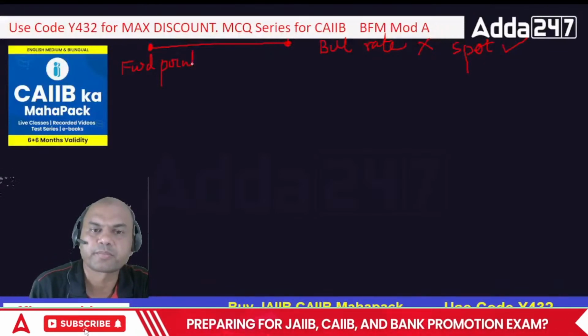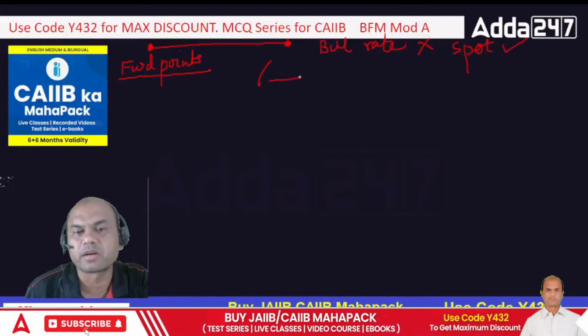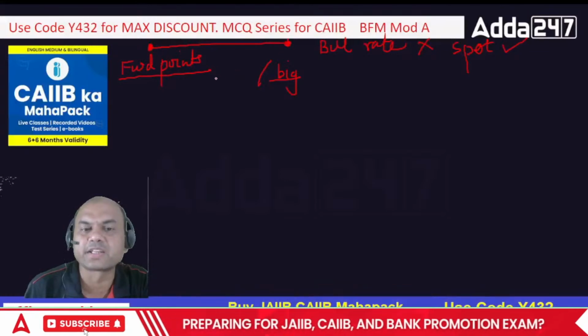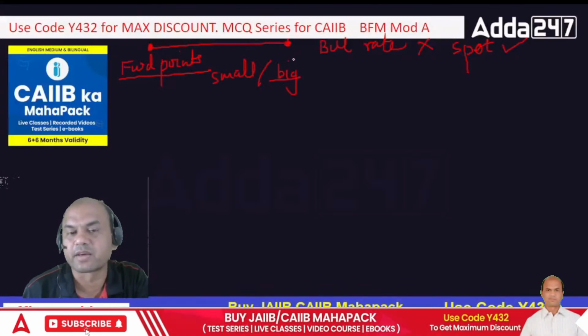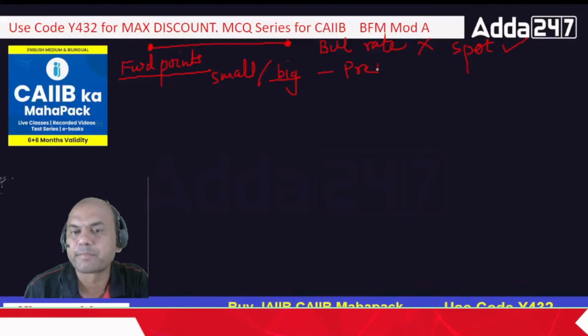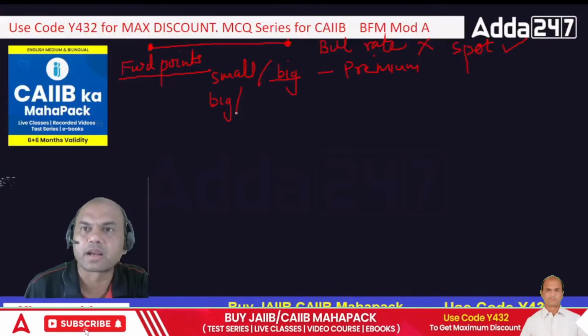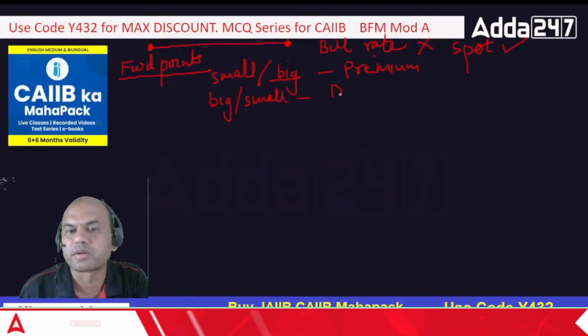When the right side is big and the left side is small, it means my sell side is big, then the currency is in premium, and vice versa. When the left side is big and right side is small, the currency is in discount.